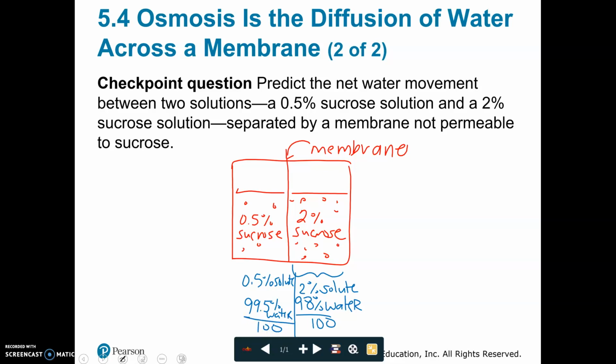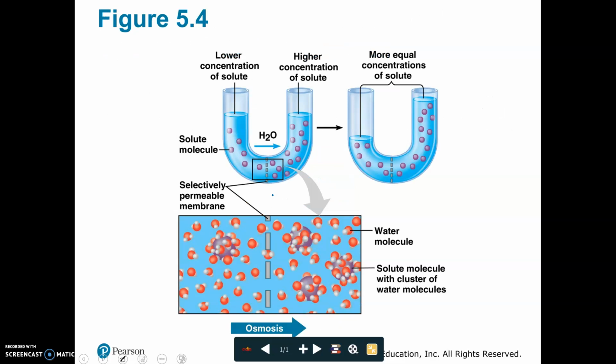So the question is, which way will water go? Well, just like anything else, water will go from where there's more to where there's less. Well, 99.5 is a bigger number than 98. So we would expect the water to go to the right, and the water level on the right would actually go up, and the level on the left would go down. So that's how you're going to solve these problems.